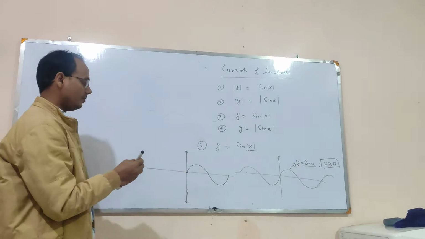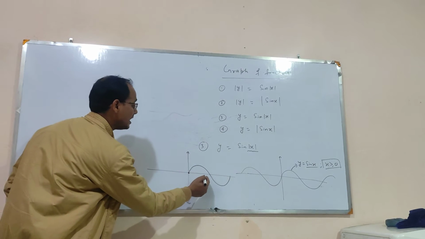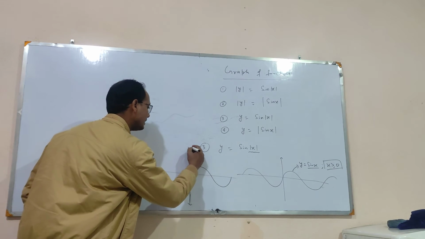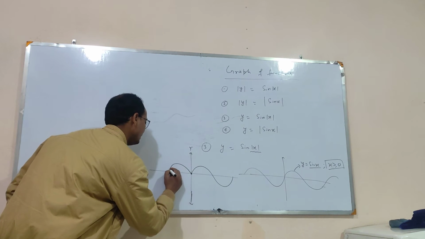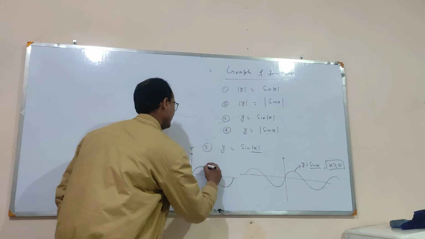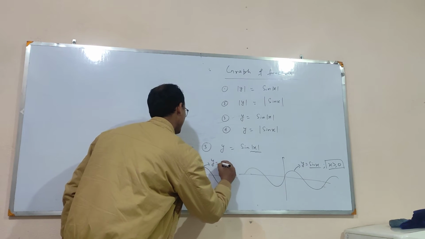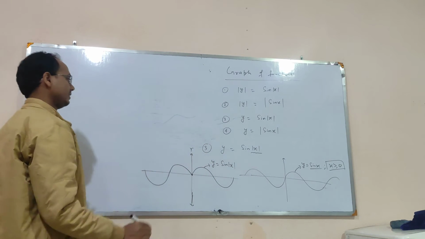Suppose we have a mirror on the y-axis and we reflect this graph about the y-axis. This will be the reflection, and hence this is the graph of y equal to sine of mod x.